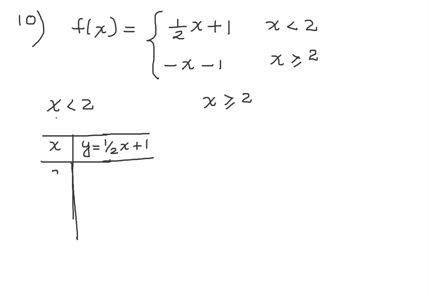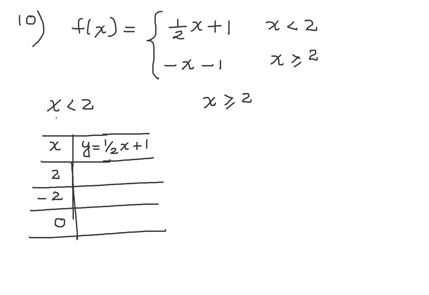First I'm going to take the 2 as well, and then less than 2, let's take -2 because we have the fraction. I'll show you why I'm getting 2. It's not equal to 2, but still we have to take the 2. So when I put the 2, we get 2 here. When I put -2, it's going to be 0. When you put 0, it's going to be 1.